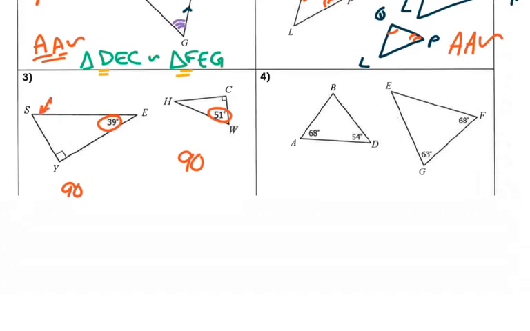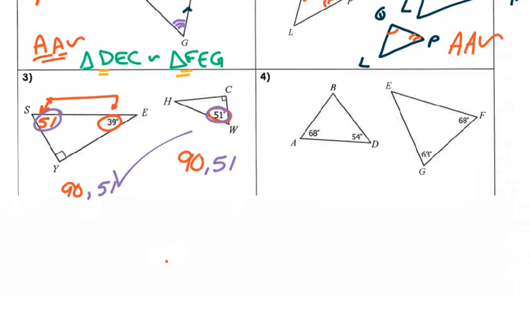So remember, 3 angles in a triangle add up to equal 180 degrees. And these angles in a right triangle are complementary. So this will end up being 51 degrees. So if you notice, they do have two pairs of angles that are congruent. So we can say the triangles are similar.